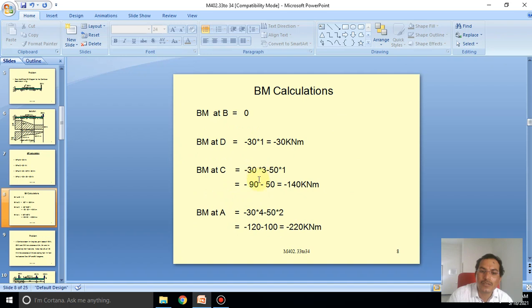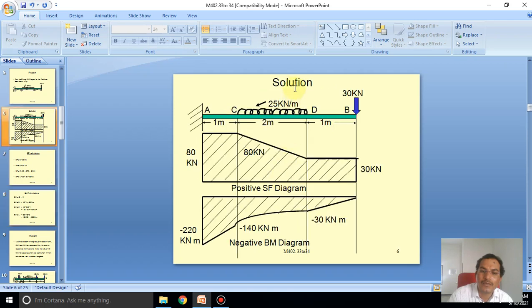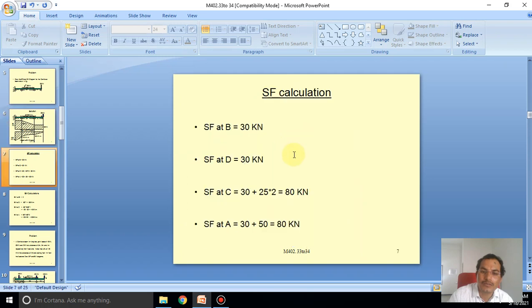30 into 2 plus 1, that is 3, minus, and 50 also, we know 25 into 2 plus 1 by 2.